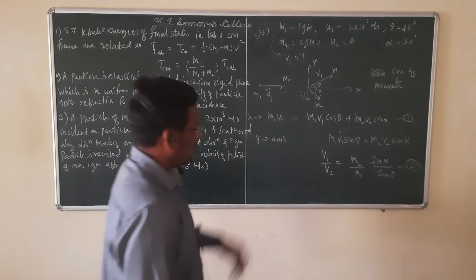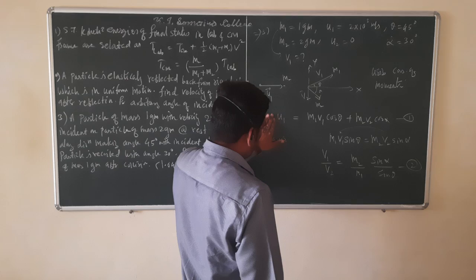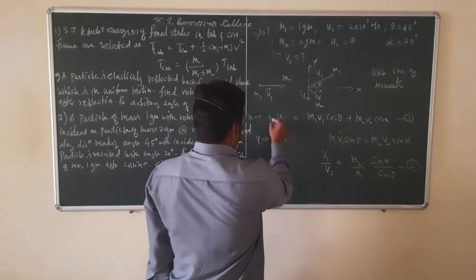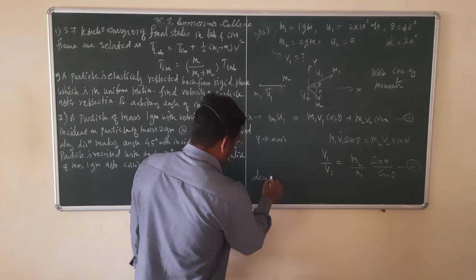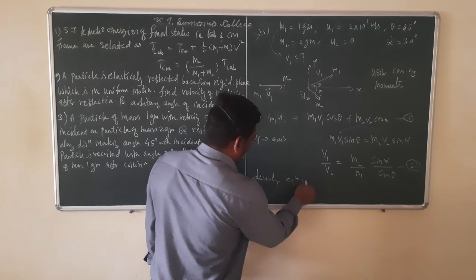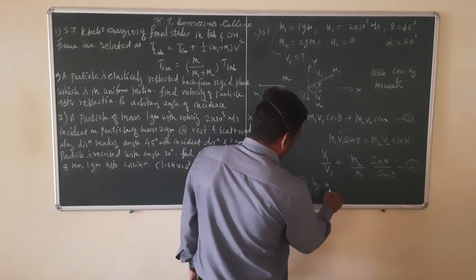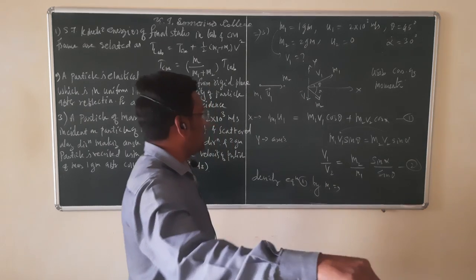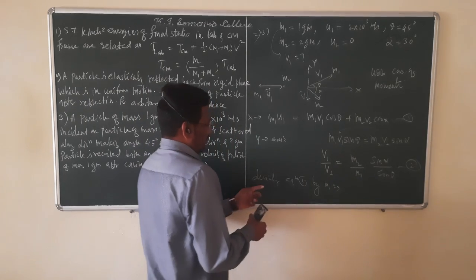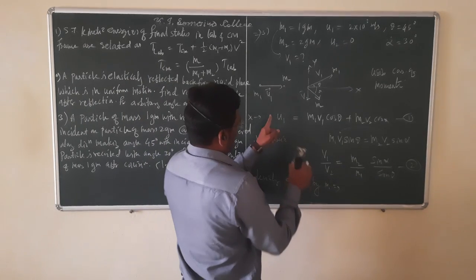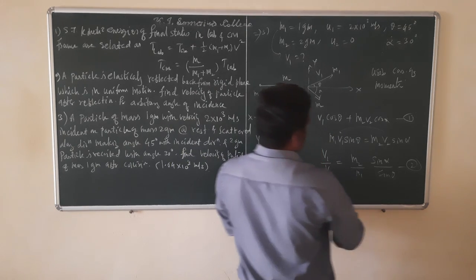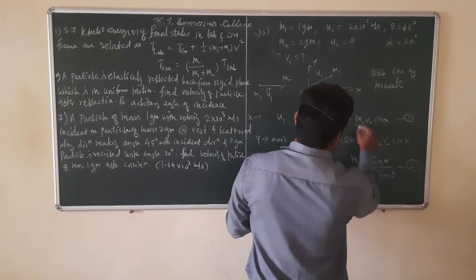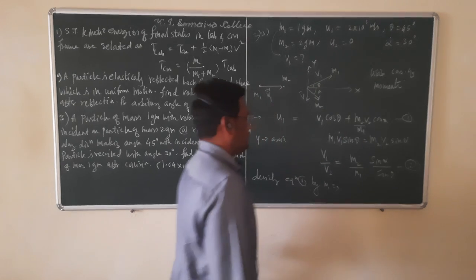Now divide equation 1 by m1. Dividing equation 1 by m1, m1 is gone, and we get this.